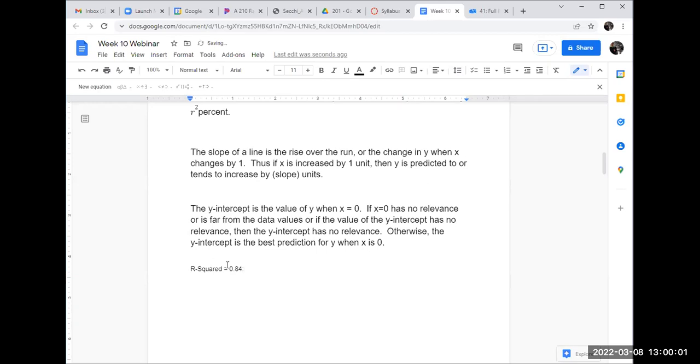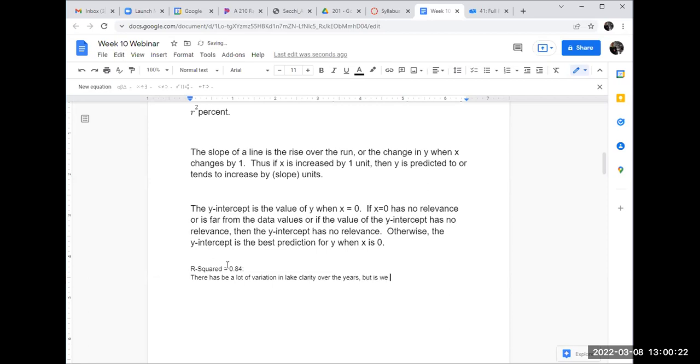So what we can say is that there has been a lot of variation in lake clarity over the years.